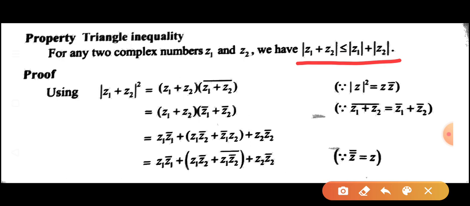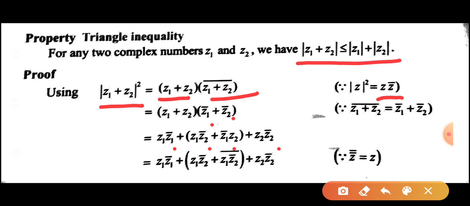We use modulus of z1 plus z2 whole square, which equals z into z bar, where z is z1 plus z2 and we split z bar as z1 bar plus z2 bar. Now the ordinary multiplication: z1 z1 bar, z1 z2 bar, z1 bar z2, z2 z2 bar. First and last there is no change.